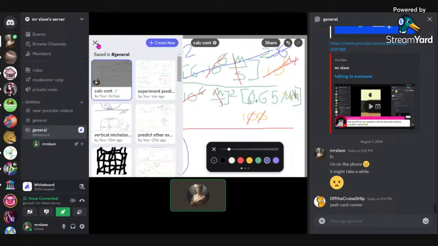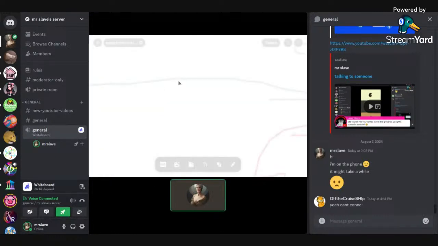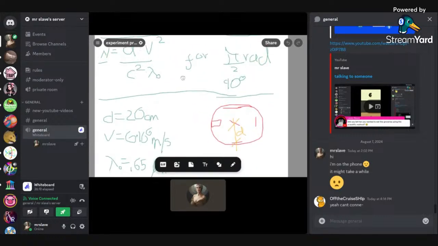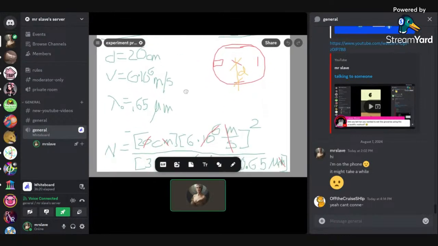I'm sorry. Somebody has to be with me to tell me that I'm not sharing the right page. I wish it would just switch automatically. So the calculation, I think we were here.